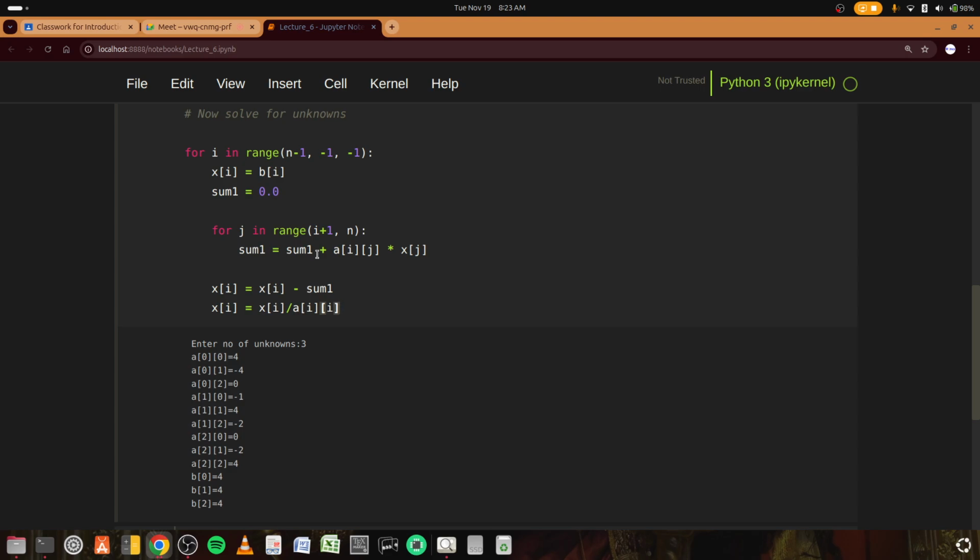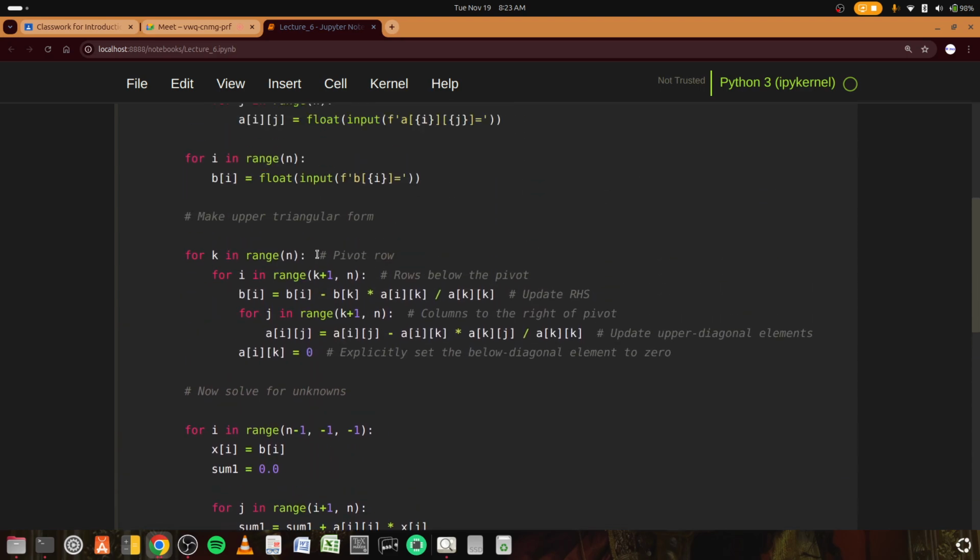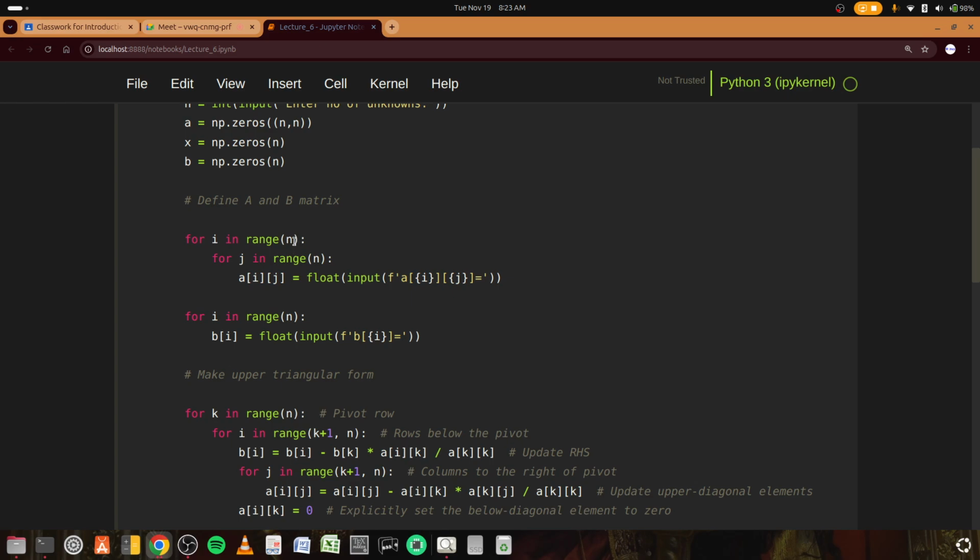Yeah, you can start from 1, but that will be a bit complicated, because naturally when you write for i in range n, it will start from 0, and if you want to start the indexing from 1, then you will write for i in range 1 to n. That you can do, but people don't do it.